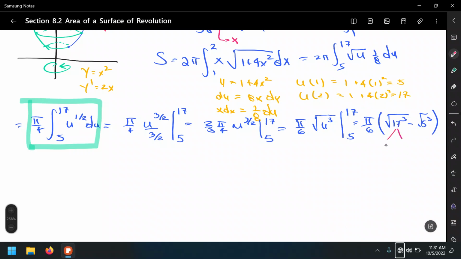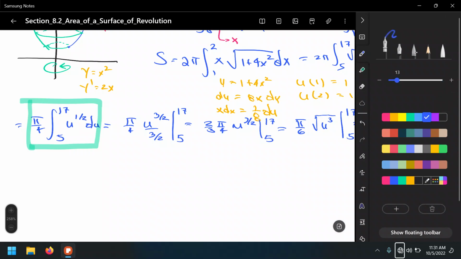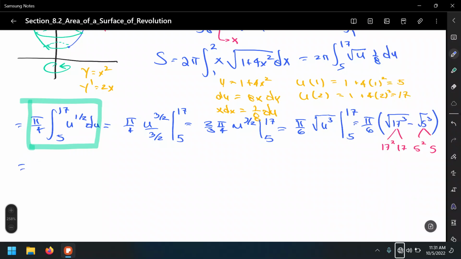So 17 cubed is the same as 17 squared times 17, and 5 cubed is the same as 5 squared times 5. And in this case we would be able to factor out the perfect squares, so let me express the whole thing here. So that's pi over 6 times the square root of 17 squared times 17 minus the square root of 5 squared times 5.